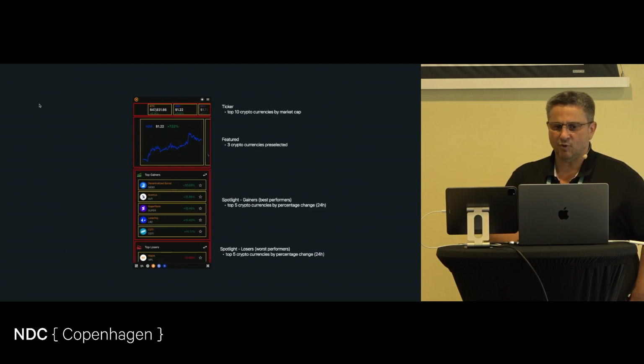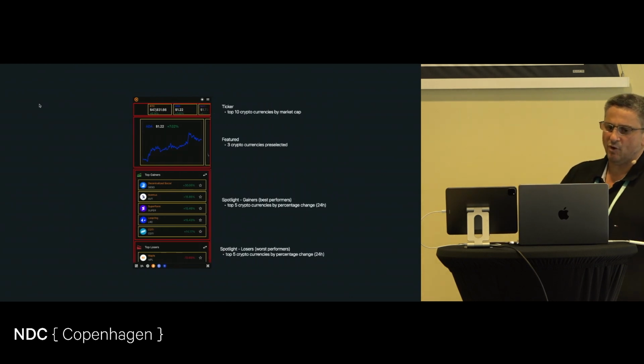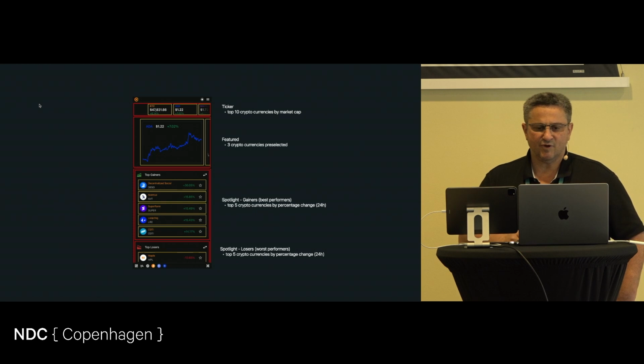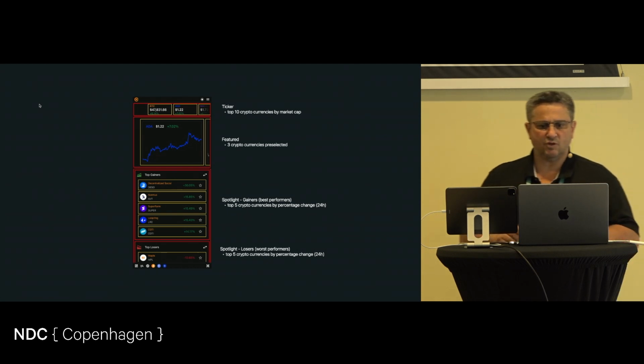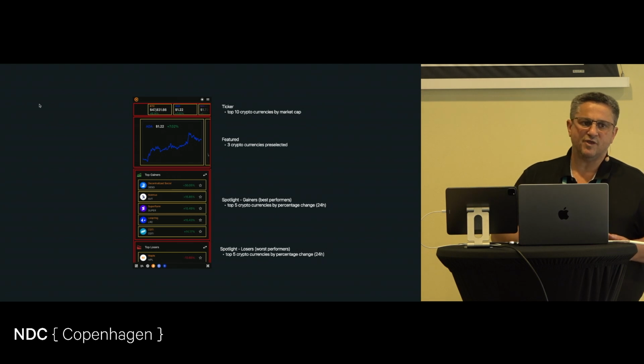And what is important is that each of these components, in each of these areas in red, has different data requirements. For example, in the first one, in the ticker, we want to show the 10 cryptocurrencies sorted by market cap. In the second one, we pre-select 3 of them, for example, Bitcoin and a couple more.